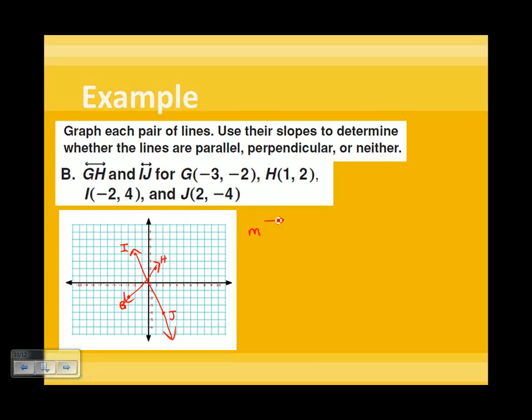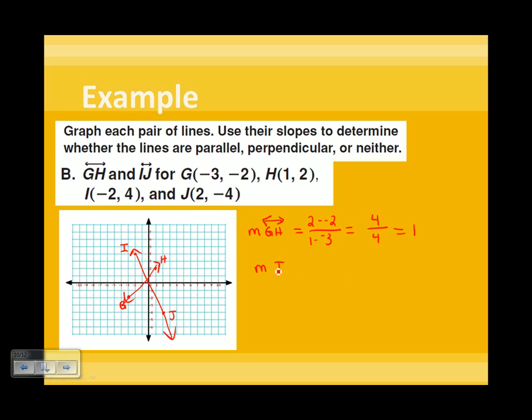So first I'm going to find the slope of GH. So the slope of GH would be 2 minus negative 2, and then 1 minus negative 3. So we end up with 4 over 4. So it has a slope of 1.